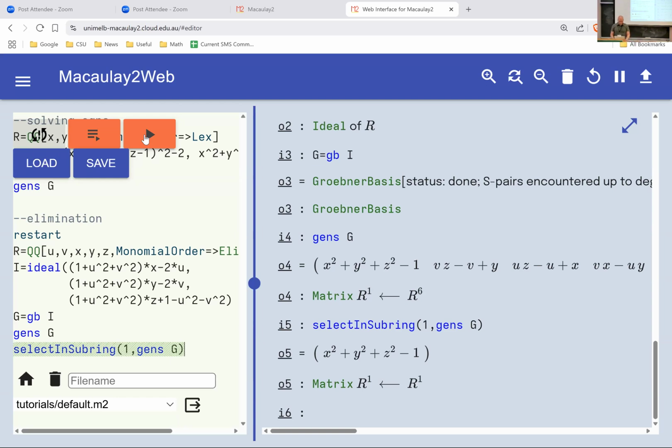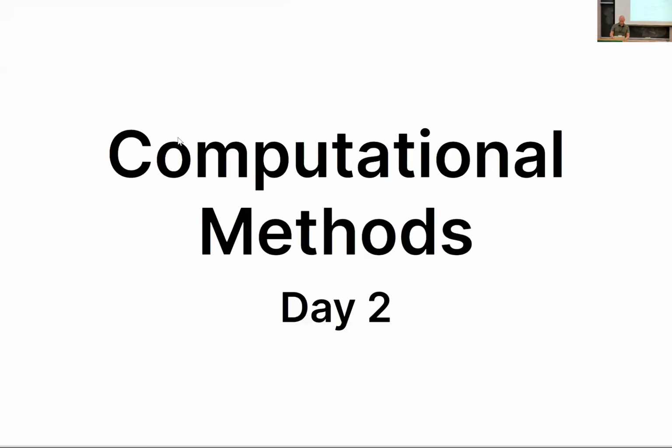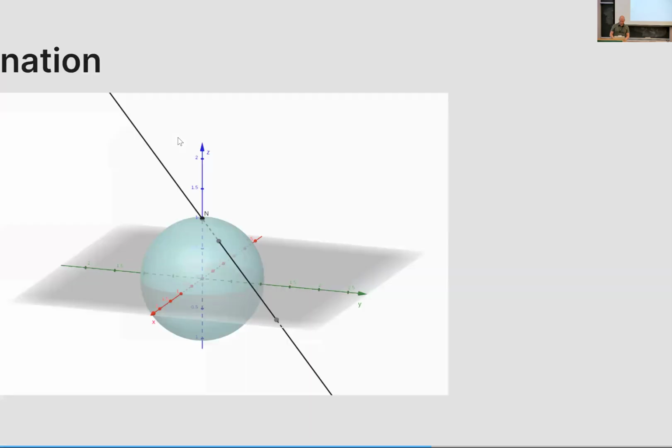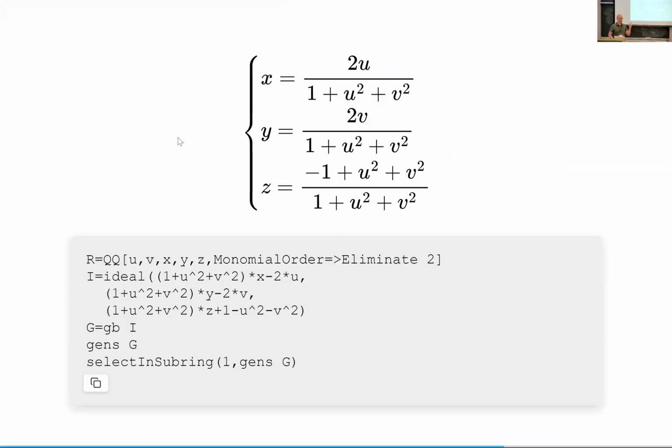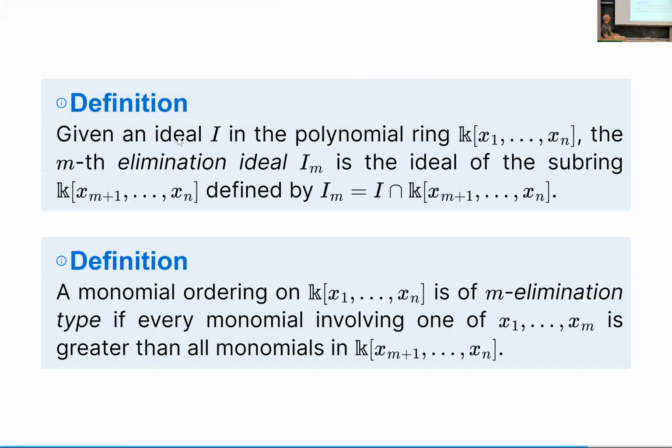Okay, so I actually don't think I have a lot more, but I did want to finish with, I know it's the end of it, but I want to make this discussion of the elimination just a little bit more precise with some definitions.